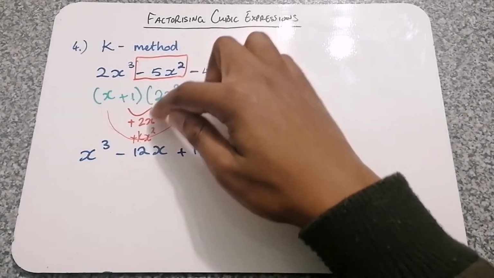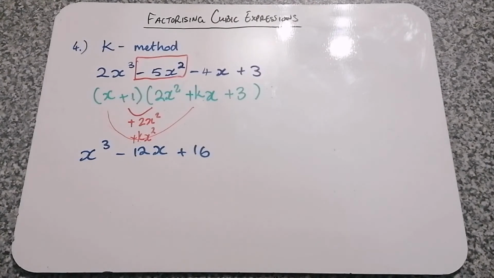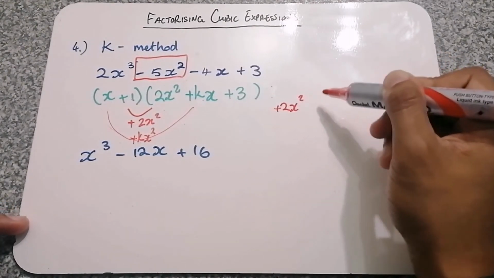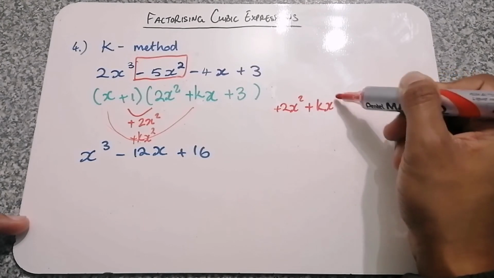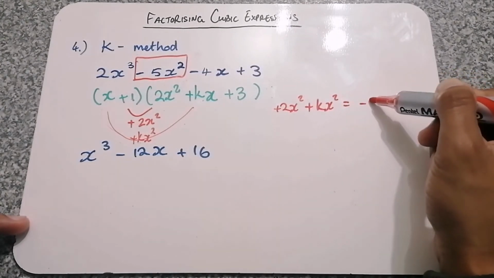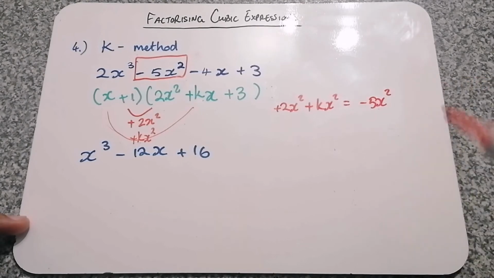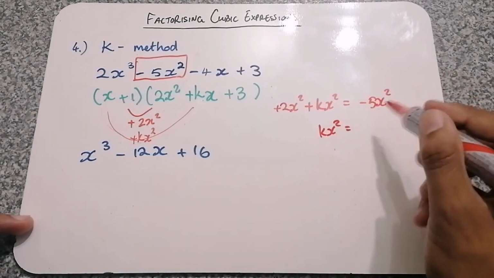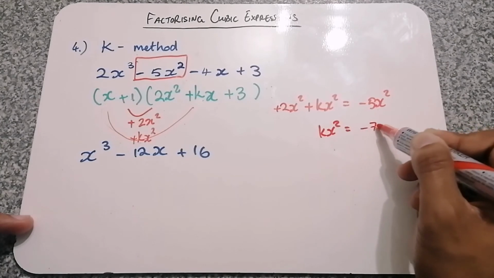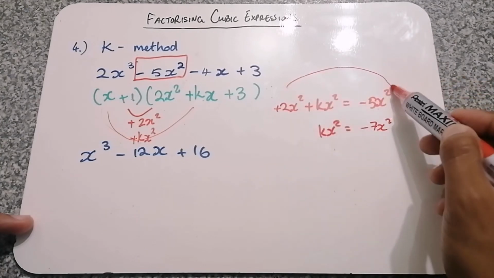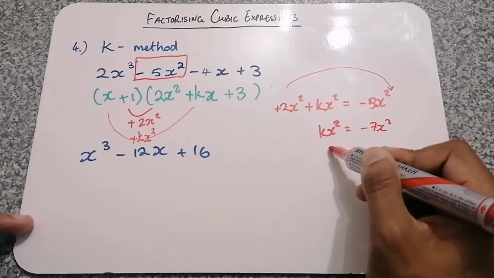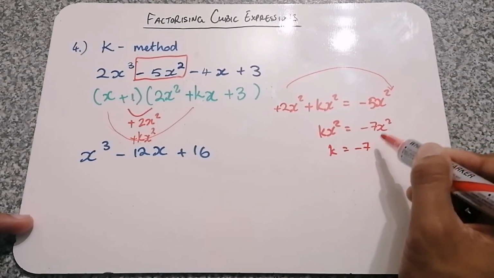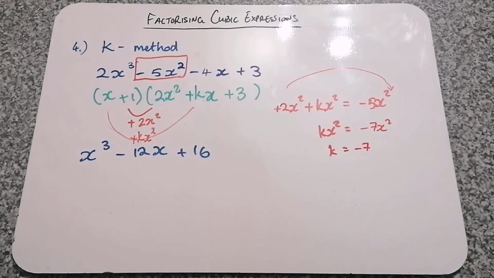These two terms, once you add them up, are supposed to give you the negative 5x squared. So it's 2x squared plus kx squared, and that's supposed to give us negative 5x squared. This must mean then that kx squared is equal to negative 7x squared, if I take that across, and then if I divide by x squared, k is equal to negative 7.